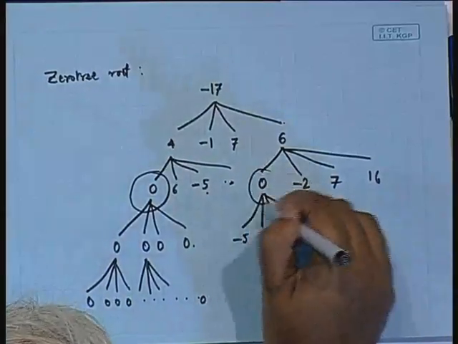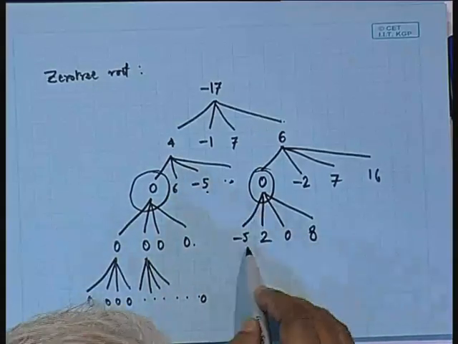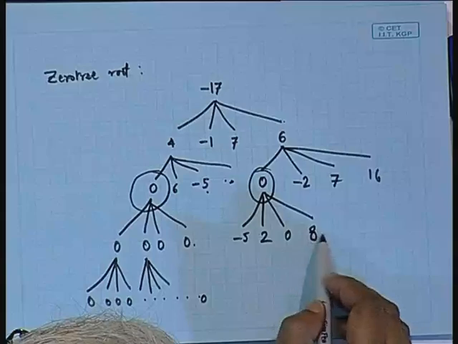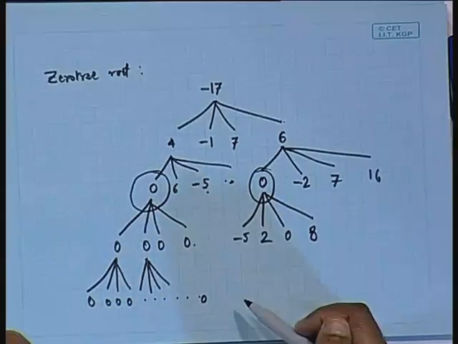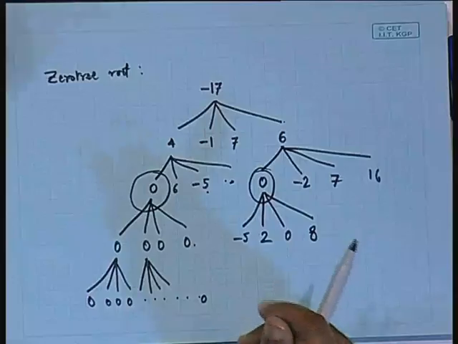Now, this is not a zero tree root. Why? Because this is not forming a zero tree, because beyond its descendants we are again having some significant coefficients. Now, how is the significance decided?